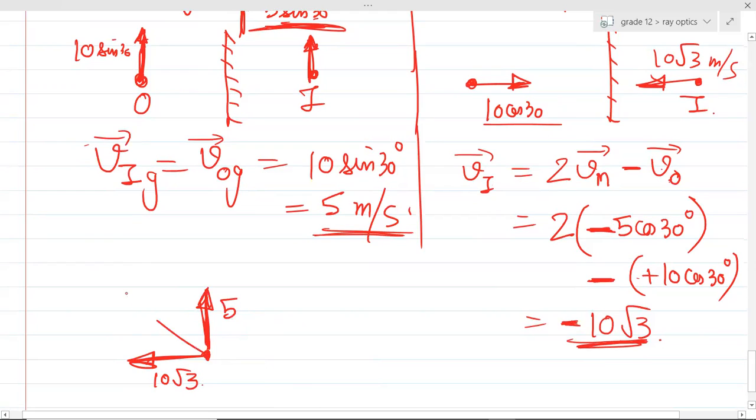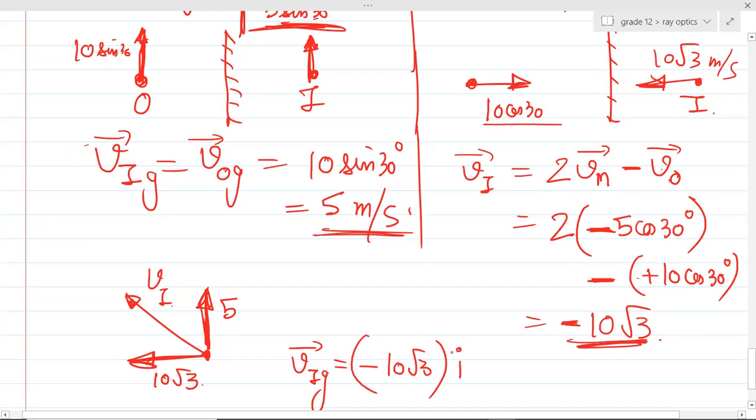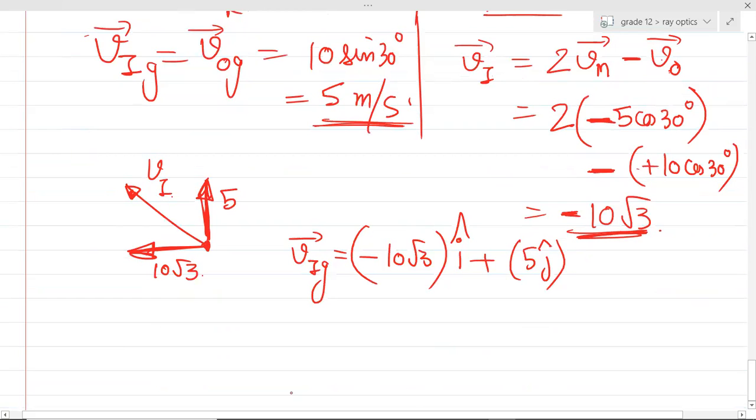So can you see the image is also moving like this? This will be the actual velocity of the image with respect to ground, and it will be equal to minus 10 root 3 i cap plus 5 j cap, right?